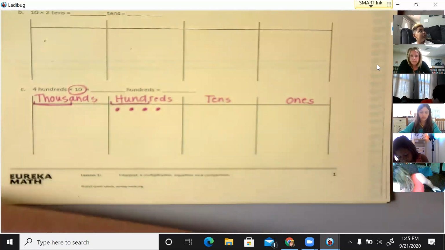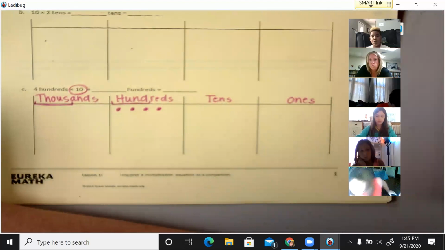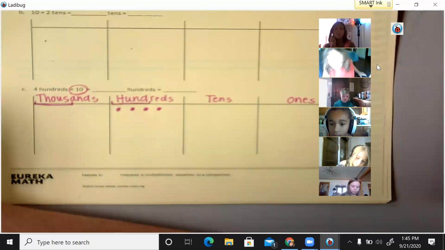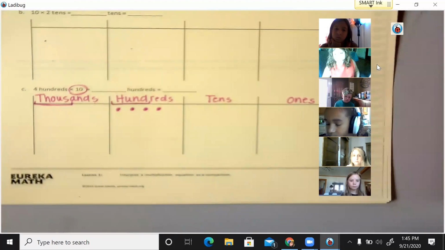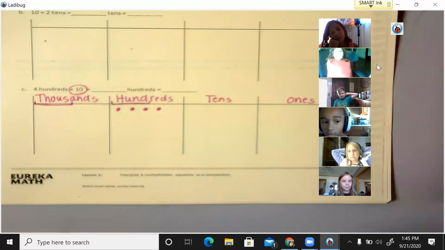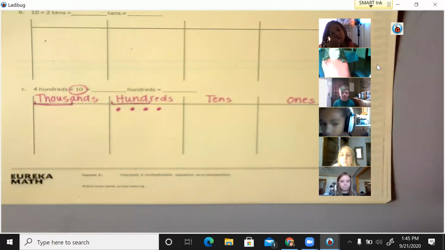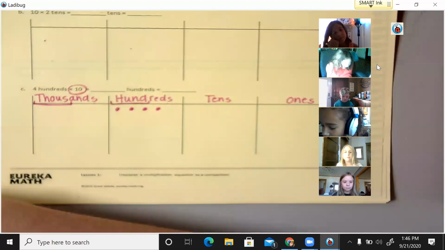Nina, what am I going to do under each of these dots in my hundreds place, if we need to make it times 10? I don't know. Okay, so think of this, Nina. These are 4. We want to go 10 times bigger.